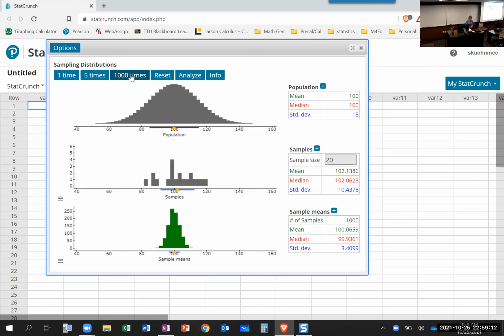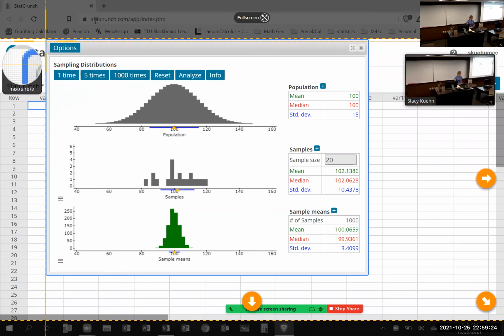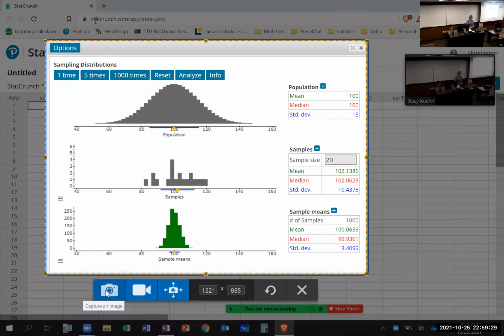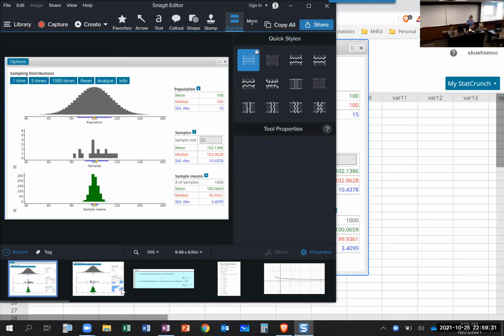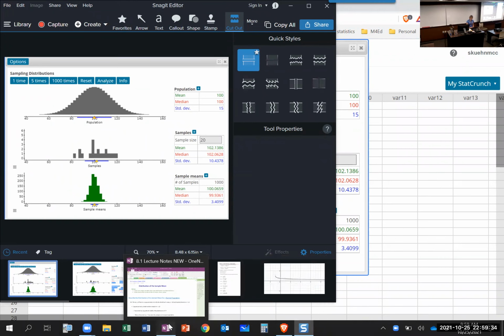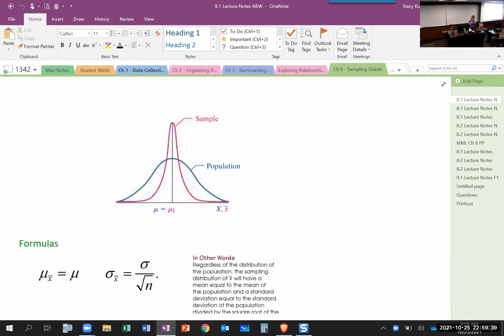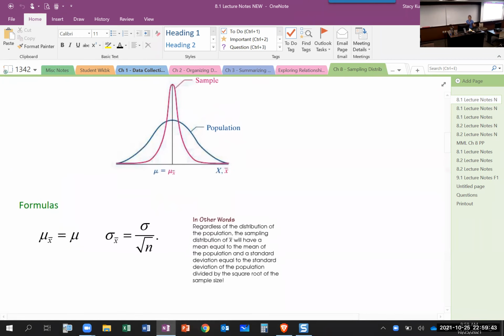Now, all of this is extremely important for us because what we can see is that we have this information about both a population and a sample. And so when we are looking at this kind of information and talking about, well, how does that sample then compare to our population?